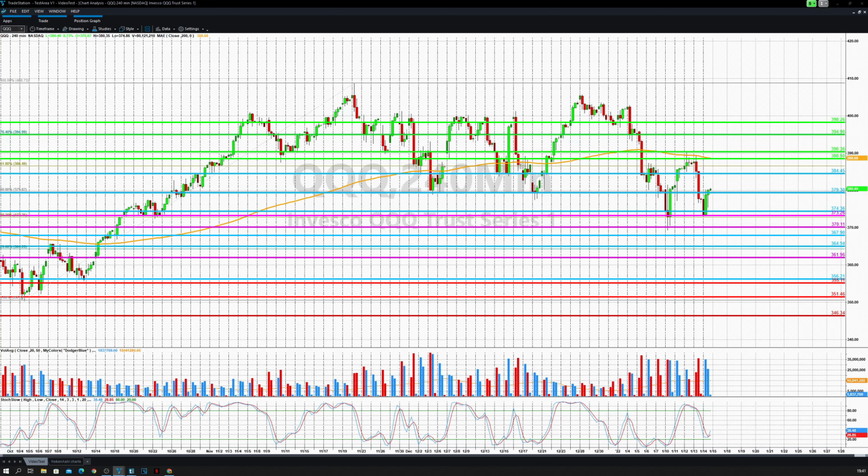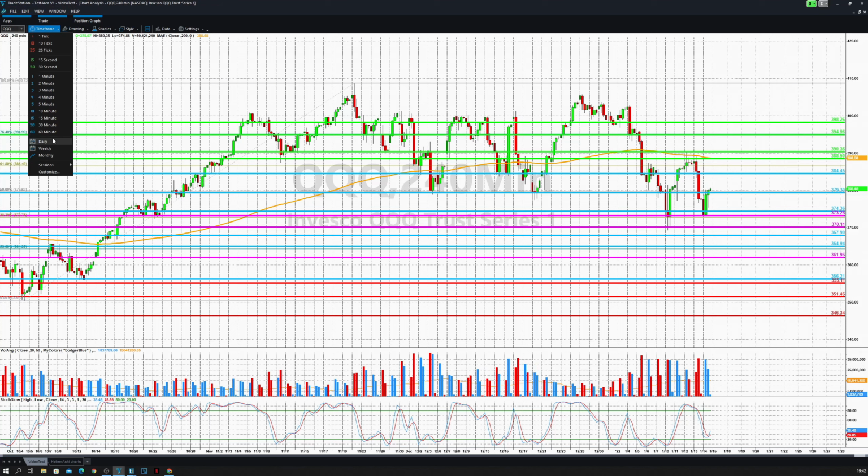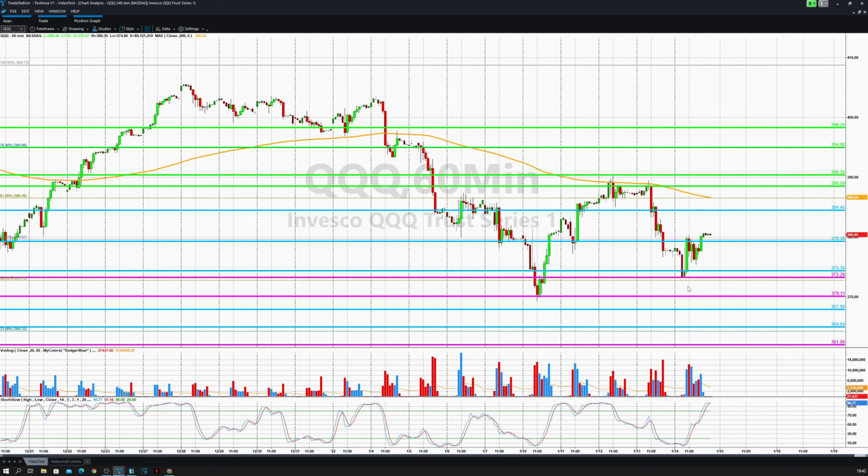So it moves up, then probably will push lower. Although with the Qs, it seems to have some strength, which can probably push the market higher. But see what happened if you take 60 minutes, see what happened.